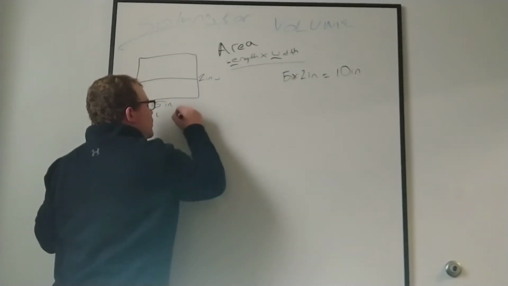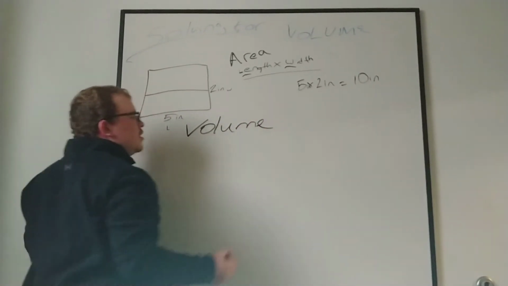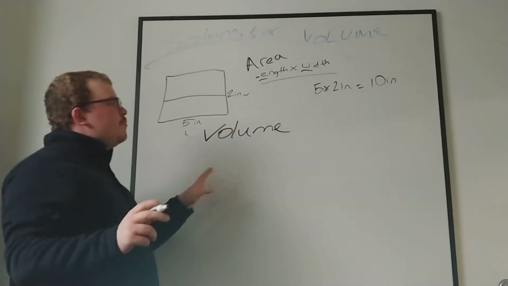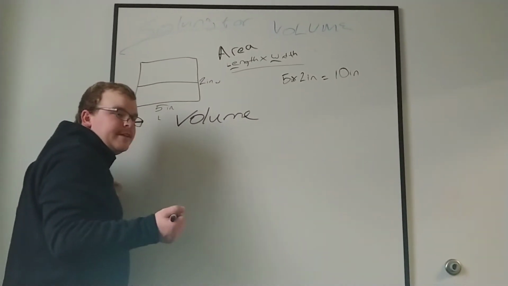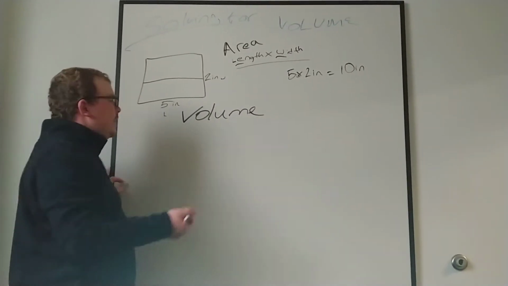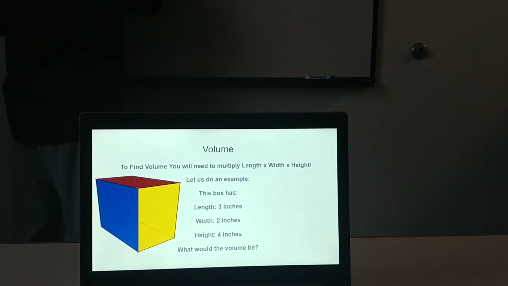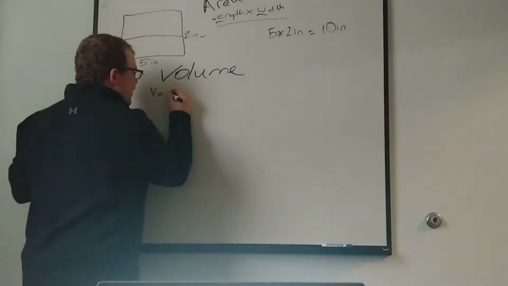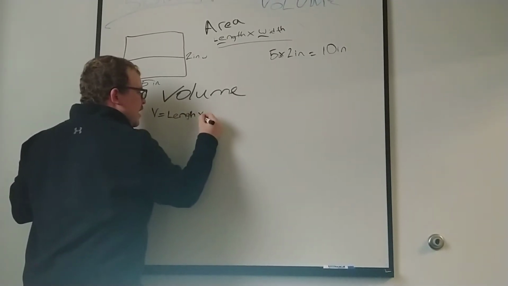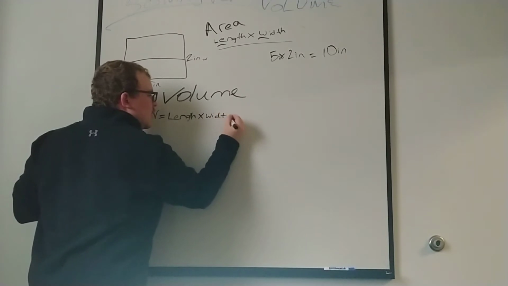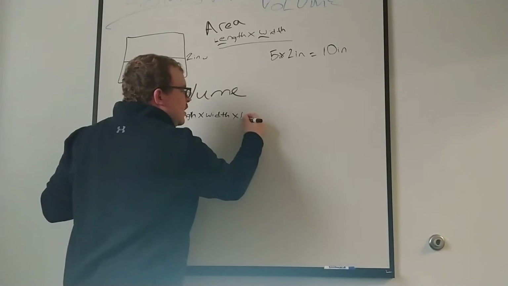Well, now we're going to learn about volume. So volume is found by multiplying 3 different things this time. Instead of 2, it's 3. So we're going to have volume, which is solved by multiplying length times width times, we have a new word today, height.